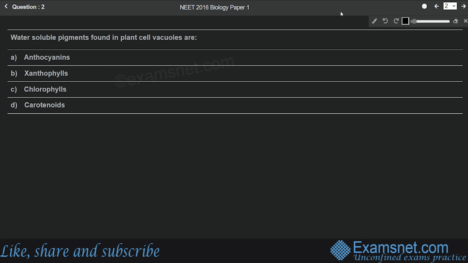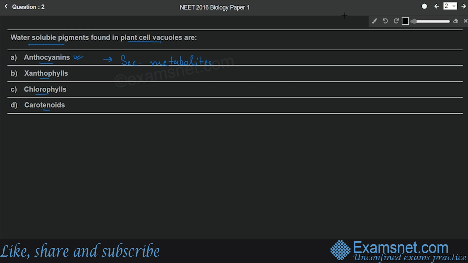Question number 2 is from the chapter Biomolecules, and the question is, water-soluble pigments found in plant cell vacuoles are option A, anthocyanins, option B, xanthophylls, option C, chlorophylls, and option D, carotenoids. And the correct answer is option number A, that is anthocyanins. We know that these type of pigments are examples of secondary metabolites, right?